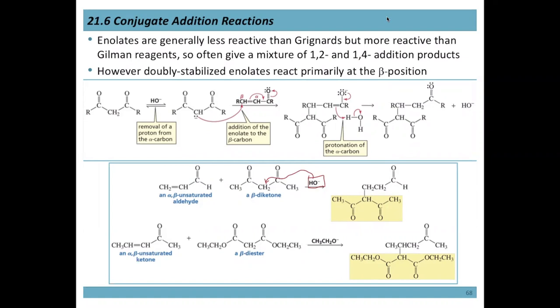If we happen to use sodium hydroxide with diethyl malonate, you would actually get hydrolysis of the esters. So that's just something that you want to watch for. But in the end, the key is that we've added our enolate group to the beta position of these alpha beta unsaturated carbonyls.